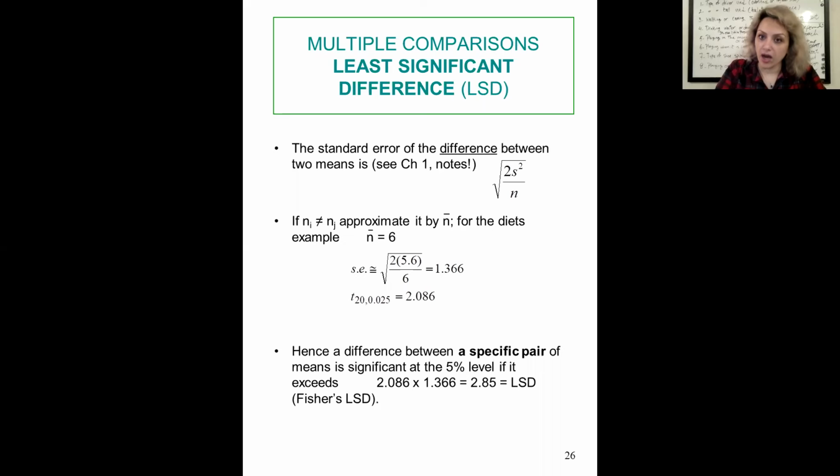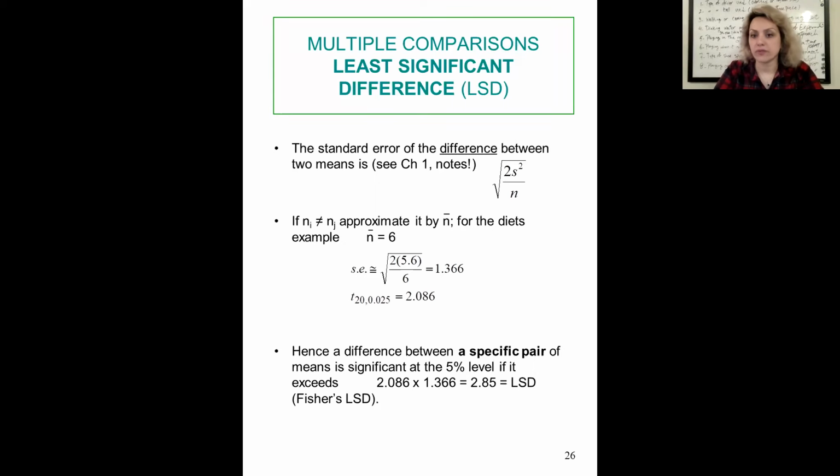If ni and nj are not equal, then we approximate it by their average, n bar. For the diets example, n bar is equal to 6, and the standard error is the square root of 2 times 5.6, where 5.6 is the S squared that we need to calculate, divided by 6.